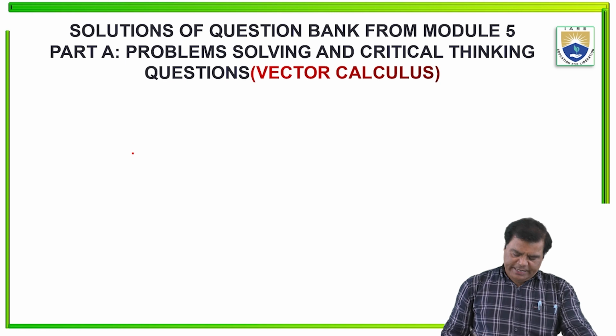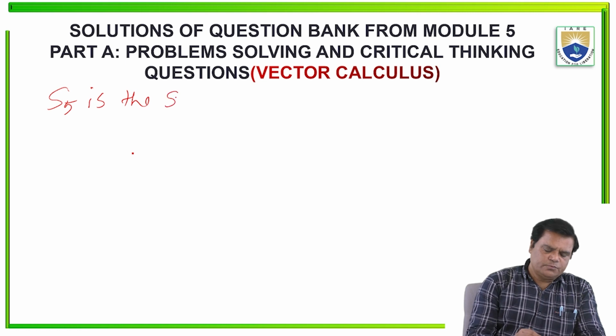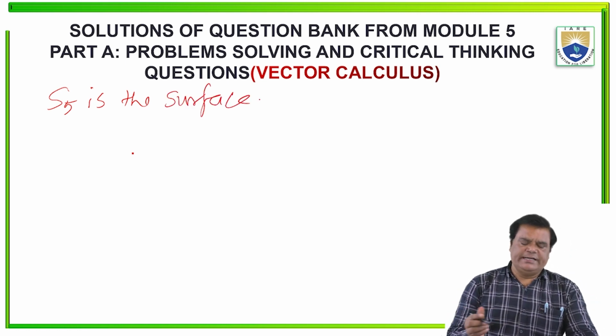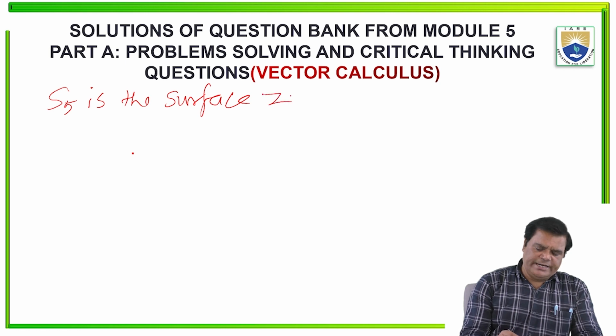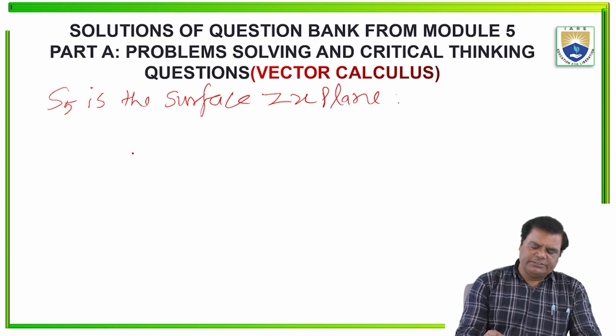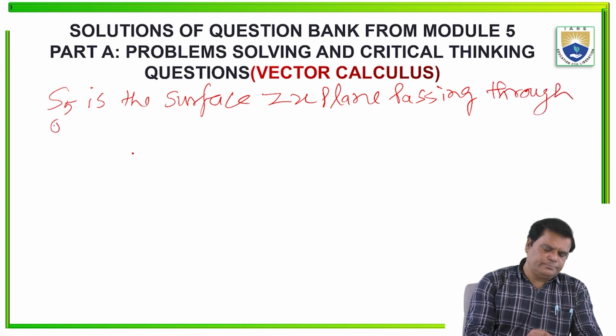Similarly, S5 is the surface xy, yz and zx. The surface is the ZX plane passing through the origin.